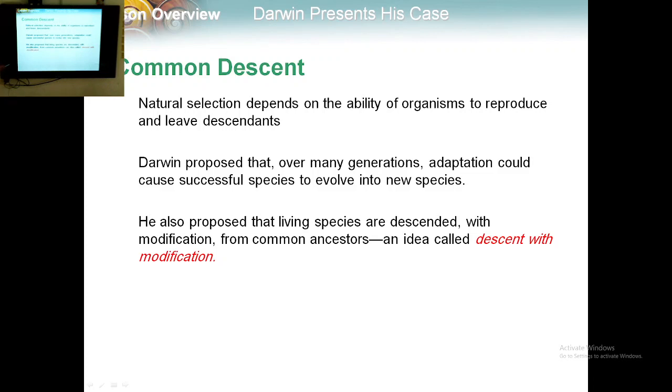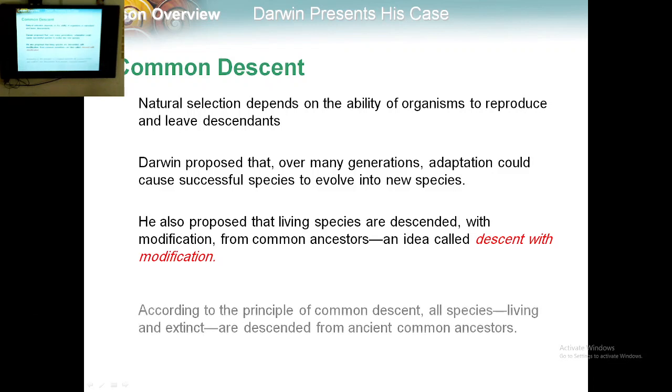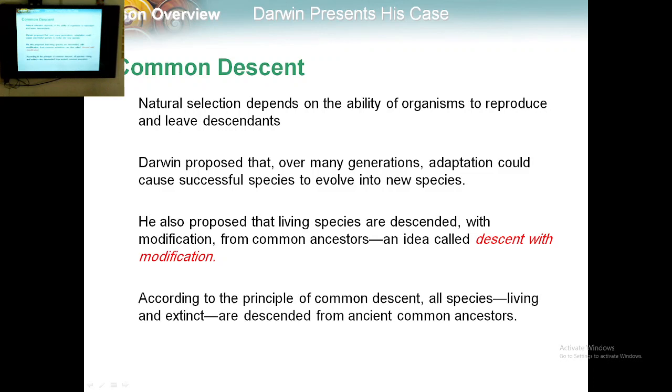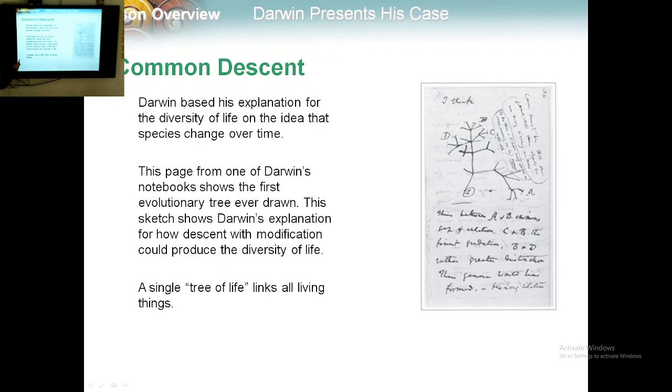So descent with modification means the living species are descended from a common ancestor after modification. According to the principle of common descent, all species living and extinct are descended from an ancient common ancestor, which is the common descent theory by Darwin.